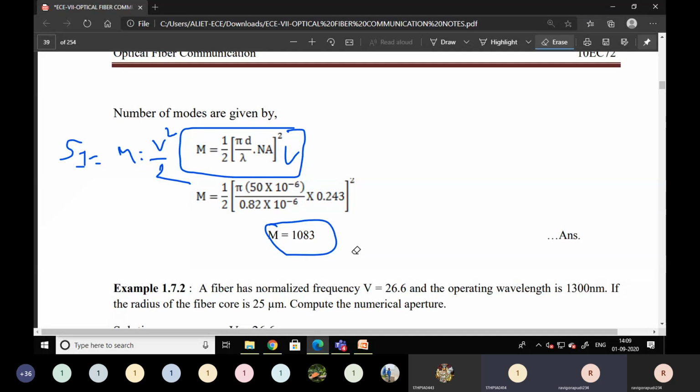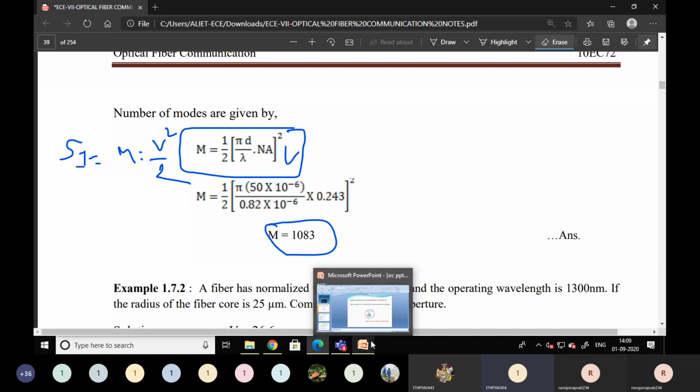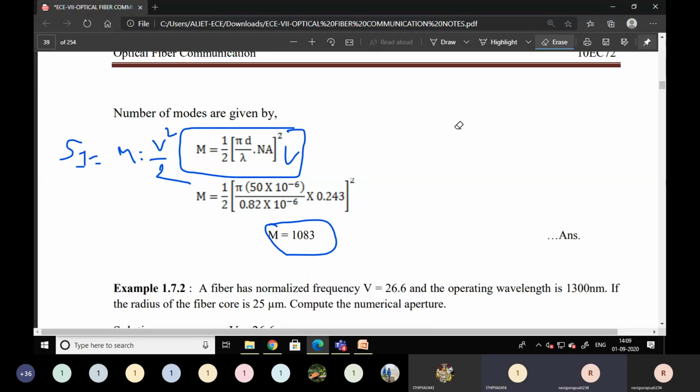Make it fast, all of you. Individually can do. I will ask a particular person. Note it down first. It has given normalized frequency as 26.6 and operating wavelength is 1300 nanometer.